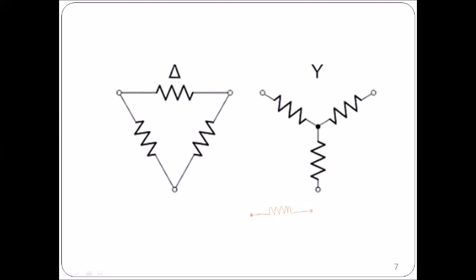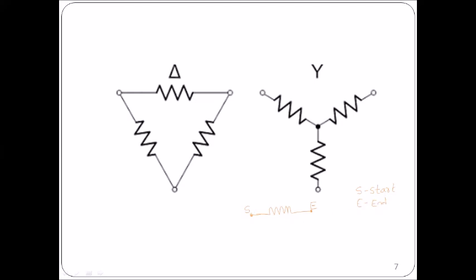The first terminal I'll call S, meaning the starting point, and E for end. So remember here that S stands for starting point, E stands for end point.